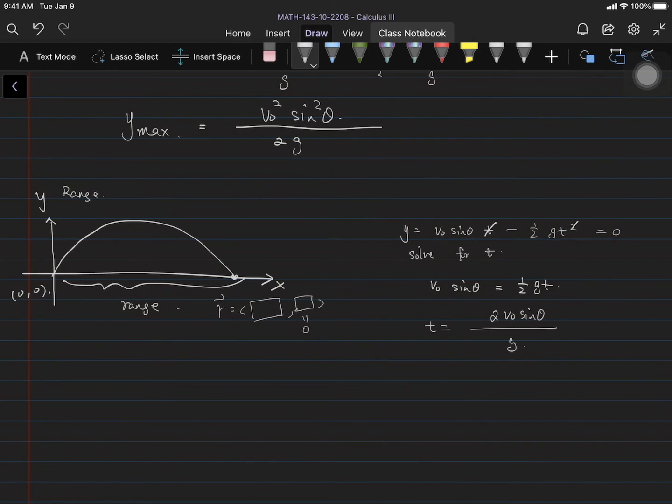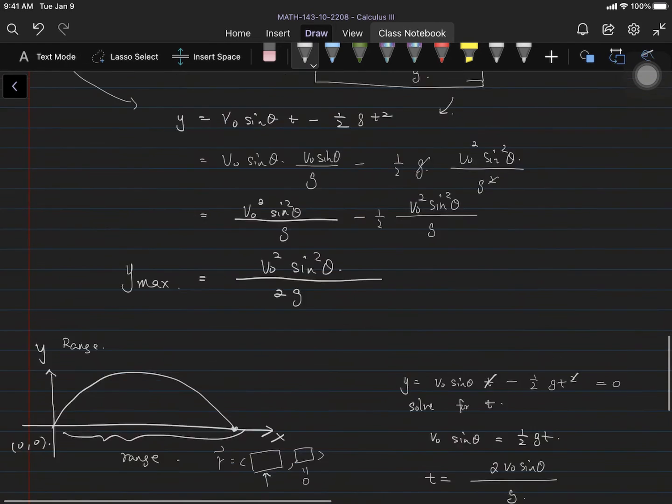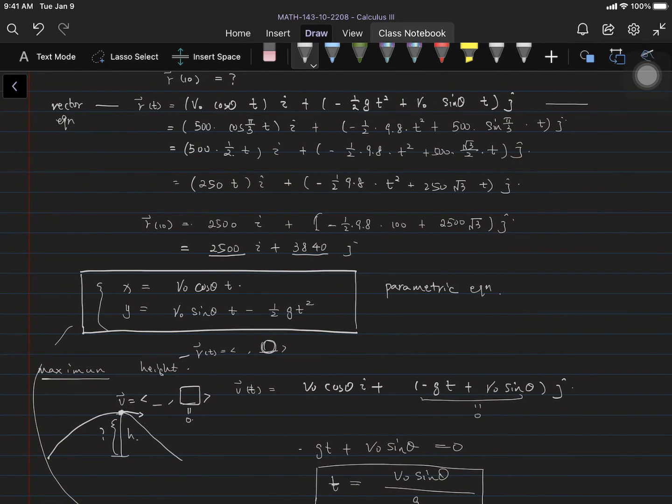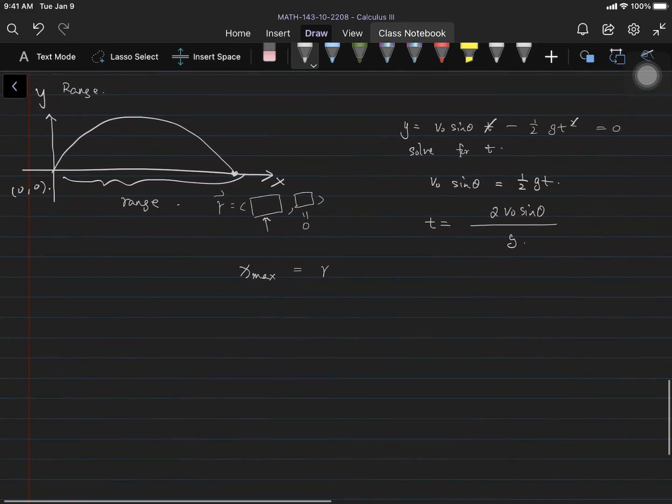Next we plug into the x value, and we find the range. It's going to be the maximum x value. If we look at the original parametric equation, x equals v0 cosine theta t. So plug this t into here: v0 cosine theta times 2 v0 sin theta over g.